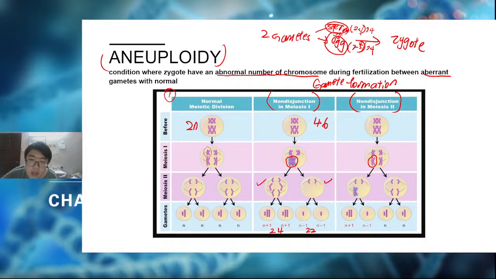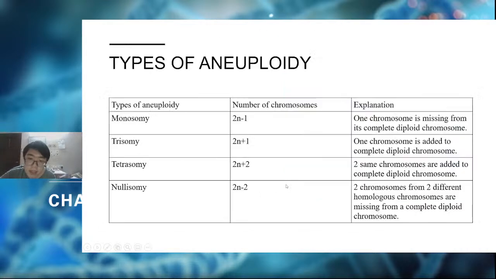If you do the separation, you see there are 1, 2, 3, 4, 5, 6, but this one only 1, 2, because meiosis 2 only goes to here. Okay, sorry.